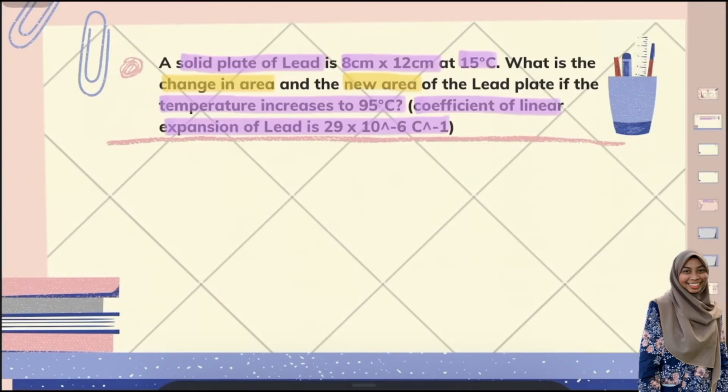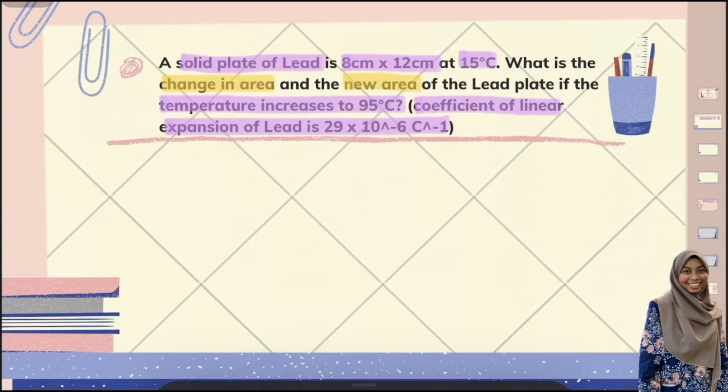A solid plate of lead is 8 cm times 12 cm at 15 degrees Celsius. What is the change in area and the new area of the lead plate if the temperature increases to 95 degrees Celsius?